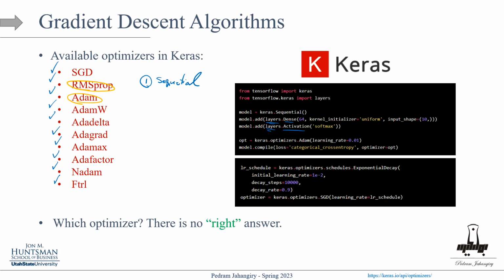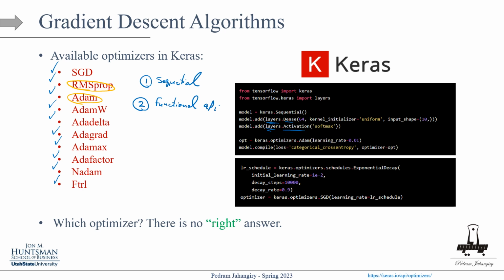Sometimes you want to customize your loss function, your metrics, or your optimizer. If you want to do something like this, you have to go beyond the sequential approach. The second one is using the functional API. Imagine it's as if you're playing Lego.